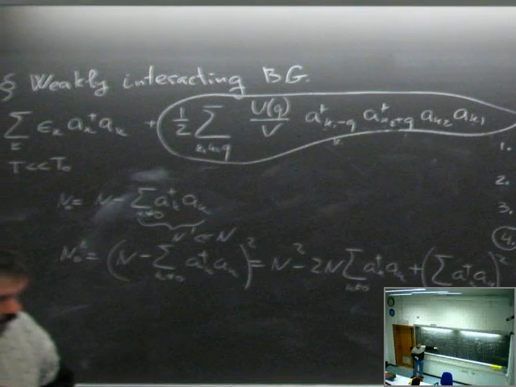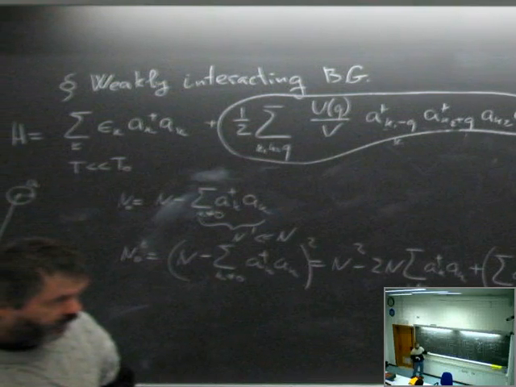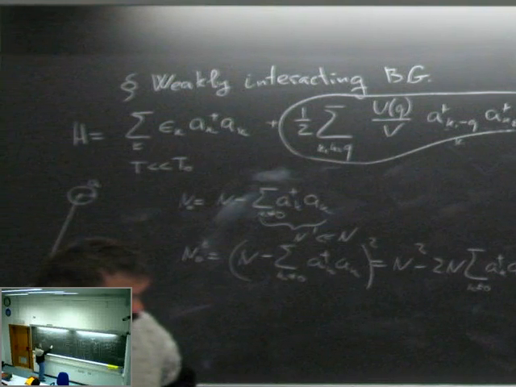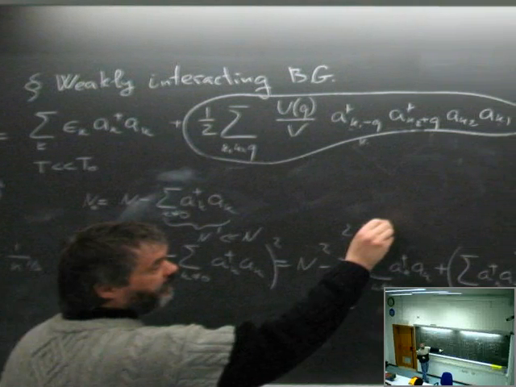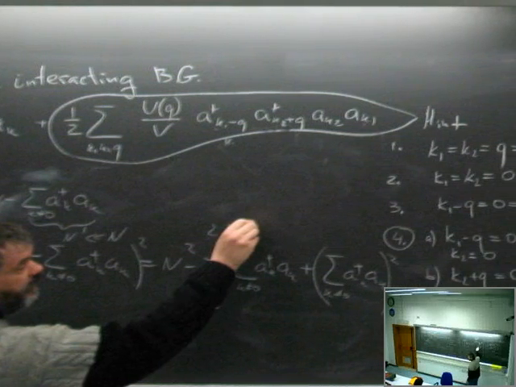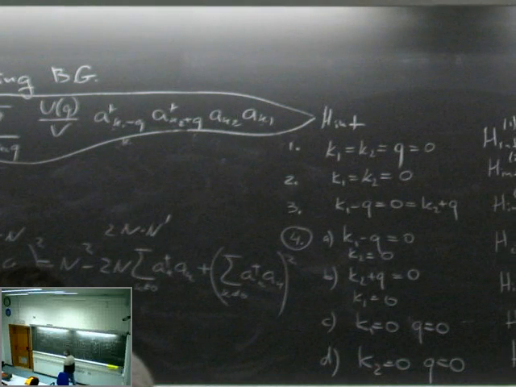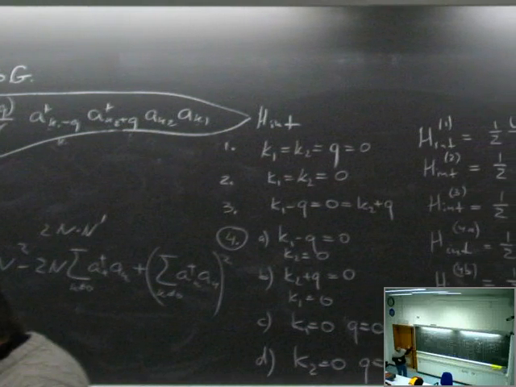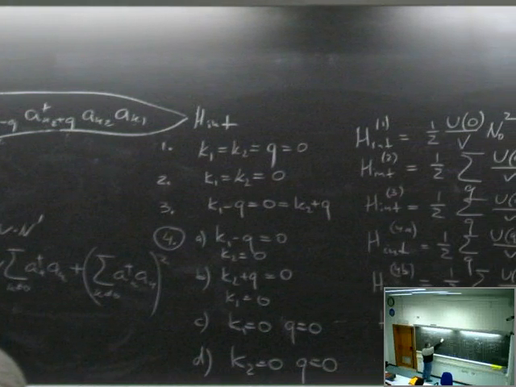What do we see here? We see the same kind of process where one particle is out of condensate. So this is twice N times N prime, while here it's N prime squared. Since in the Hamiltonian we took only terms where one particle is in condensate and one is out of condensate, or both particles are in condensate, but not the processes where both particles are out of condensate, it will be the same class.